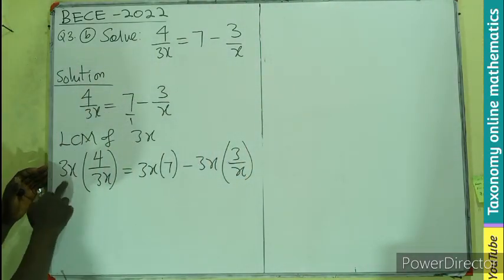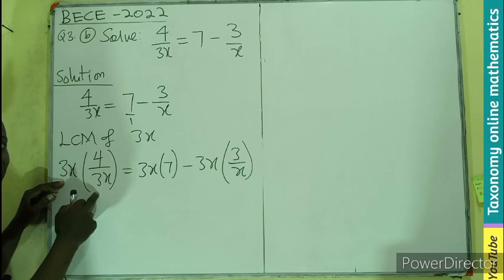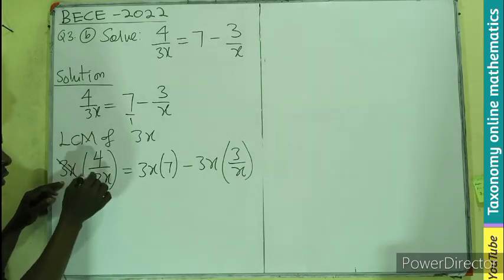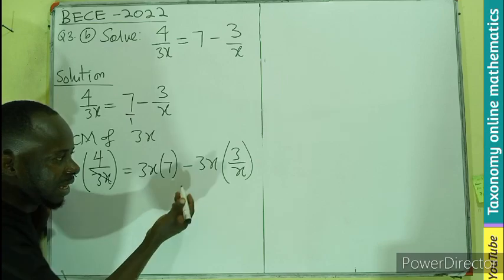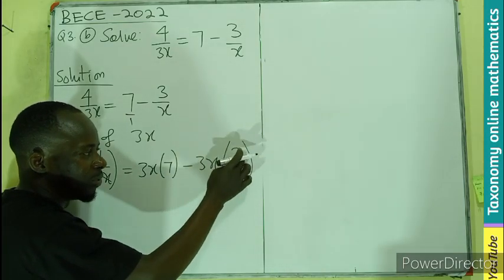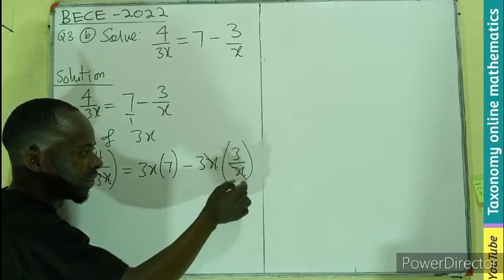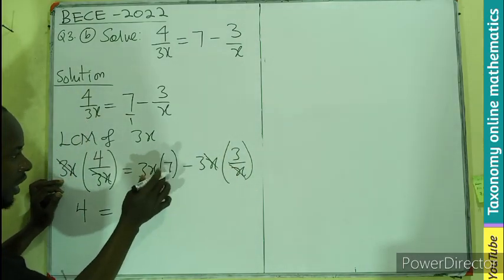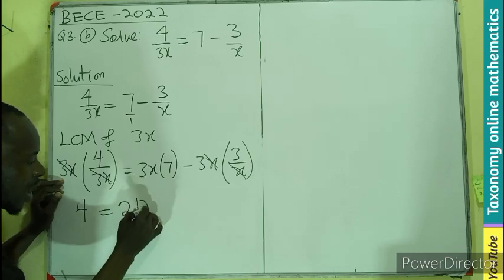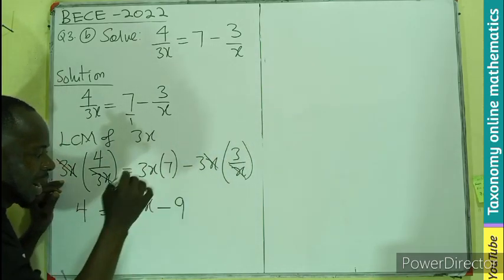This is just like multiplying the numerator. So 4 times 3x over 3x, it will cancel. There is no fraction here, so it will multiply. This will be 3x times 3 over x. The x will cancel. I am left with only 4 equals 3 times 7, 21, times the x, minus 3 times 3, 9.